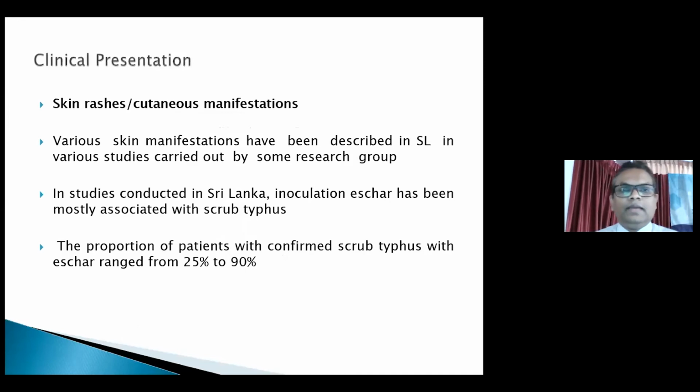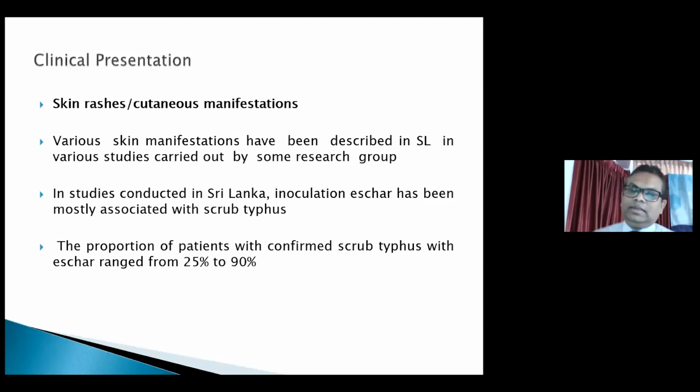Now, regarding cutaneous manifestations, that's again very important. And sometimes, if you see a case with a typical skin rash, you may arrive at a diagnosis without any doubt. There are various skin manifestations that have been reported by our research groups, and in studies conducted in Sri Lanka, eschar has been mostly associated with scrub typhus.